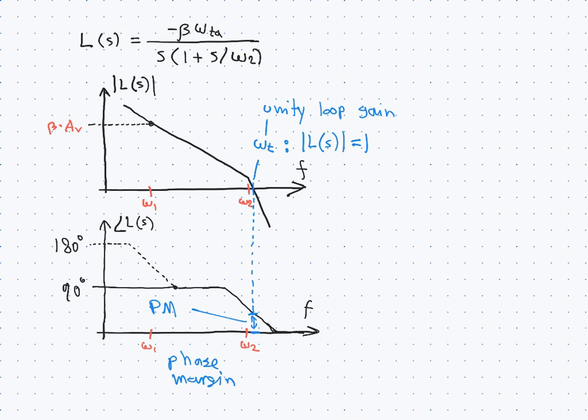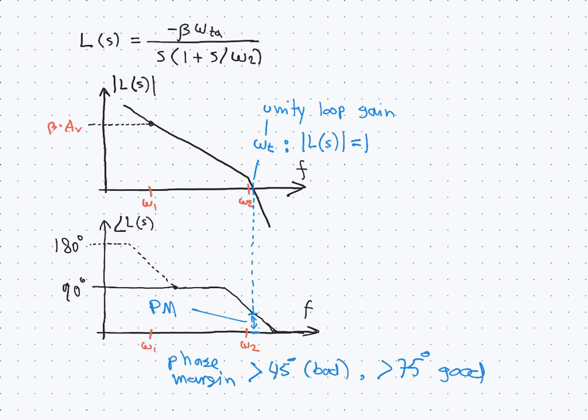Now, in reality, you want to have a phase margin which is larger than at least 45 degrees, which is not very good. Probably larger than, say, 75 degrees is better.